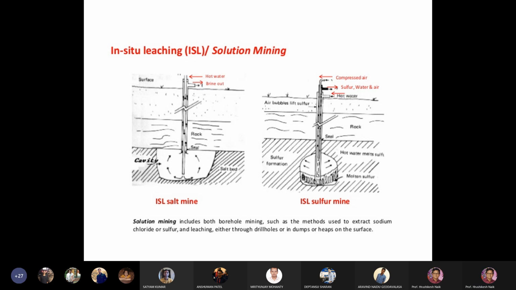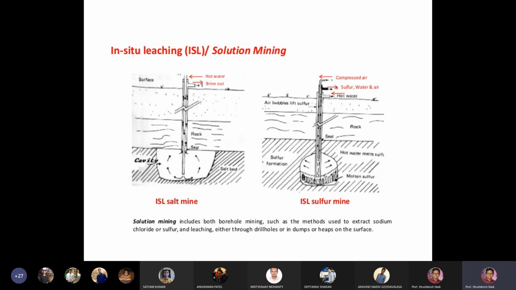When the compressed air goes, it agitates the sulfur deposit. Not only compressed air, hot water is also going to this cavity. Compressed air along with hot water is injected into this hole.